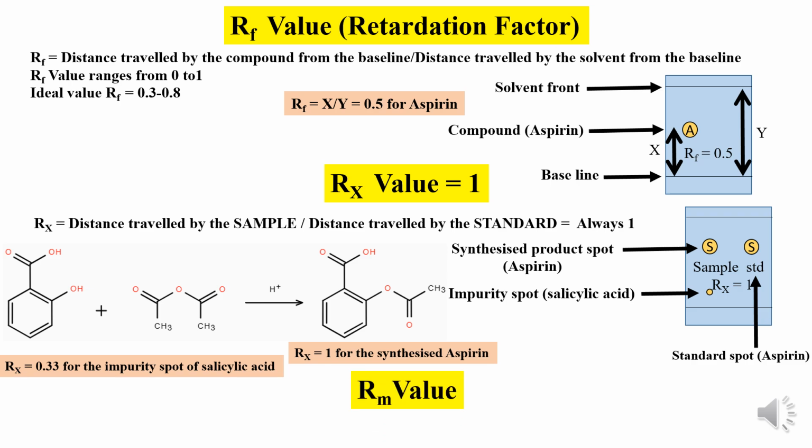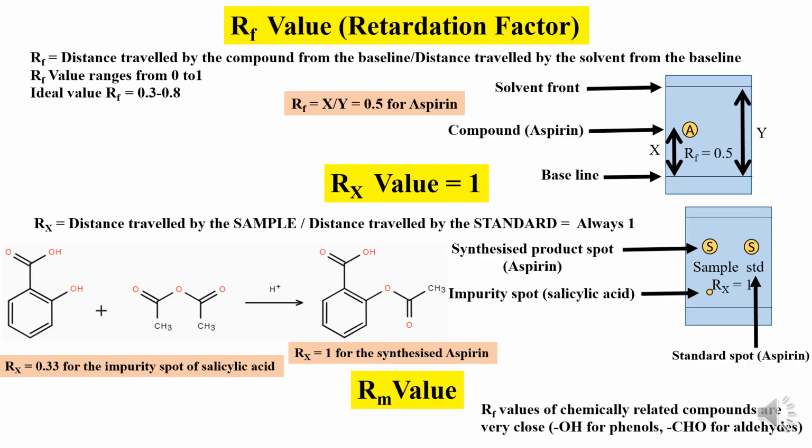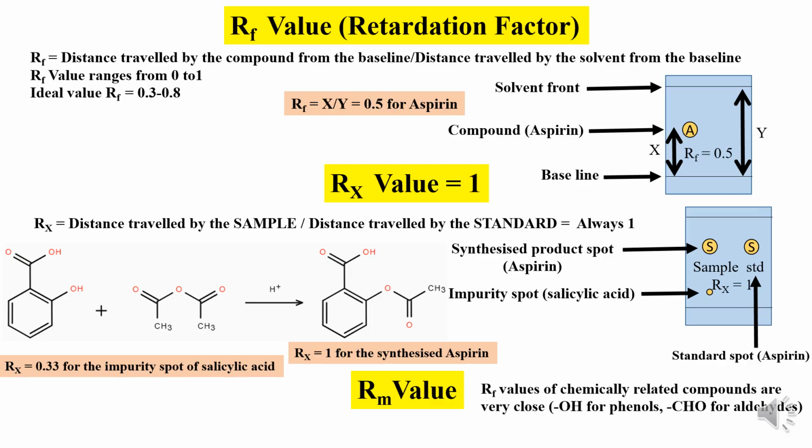Now moving on to the Rm value. Now Rf values of chemically related compounds are very close. For example, there are compounds with functional group OH covalently bonded to the aromatic ring, and they are classified as phenols.